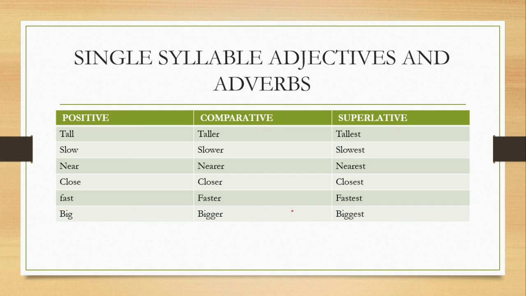We go to single syllable adjectives and adverbs. In the previous video, we talked about adjectives. We said these are words which talk more about a noun. Then adverbs modify a verb. We talked about that. So let us look at some of the words and see how they are changed in comparatives and superlatives. We have the positive word here, tall.